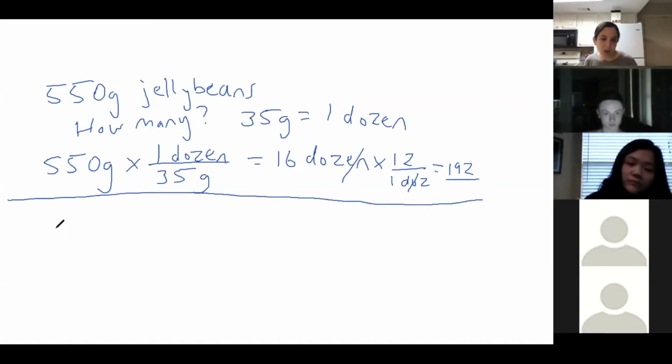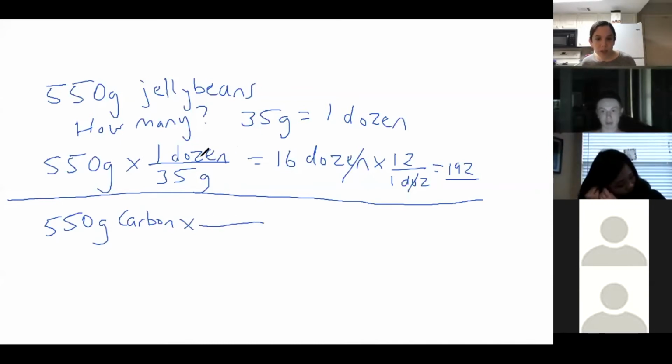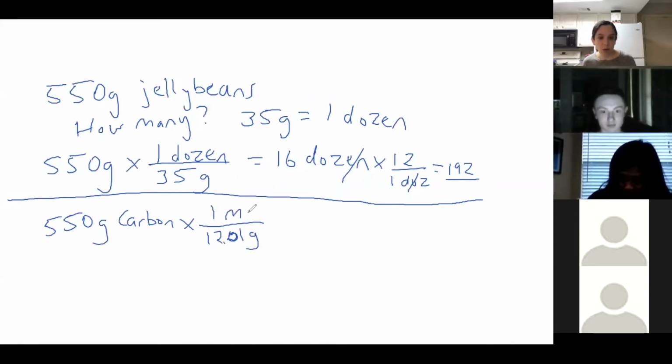So using the carbon example again, let's say we have 550 grams of carbon, and we want to know how many atoms that is. So we'll do the same thing we did up here, but instead of a dozen, we're going to divide it by 12, because we know that there are 12.01 grams in 1 mole of carbon.